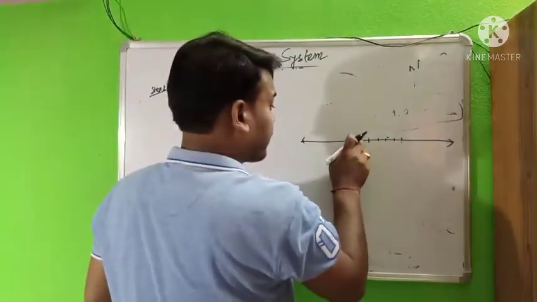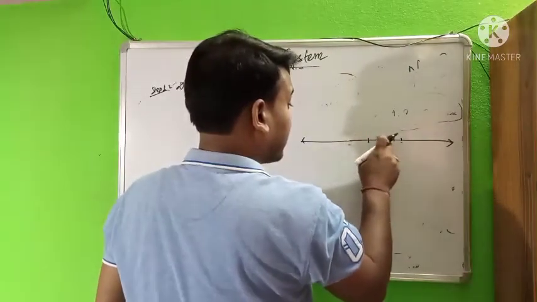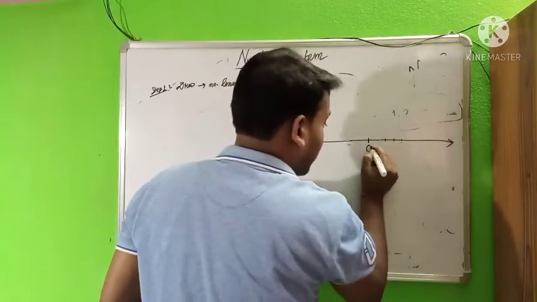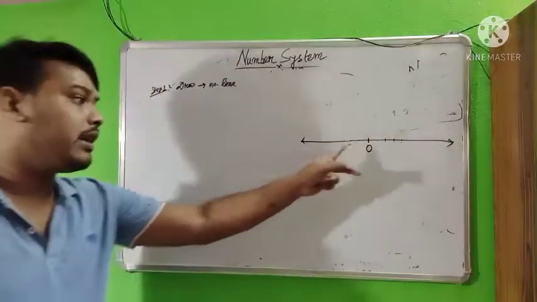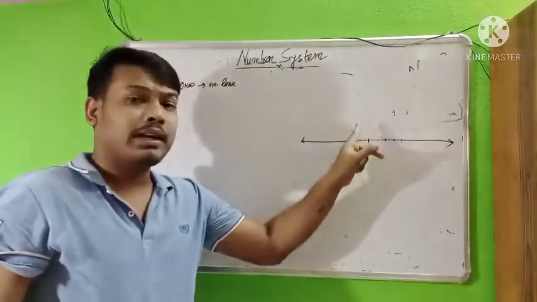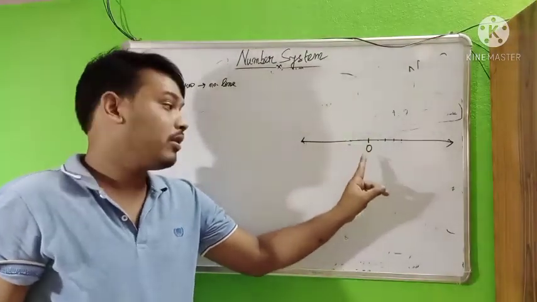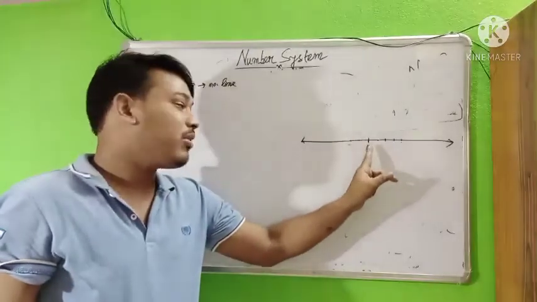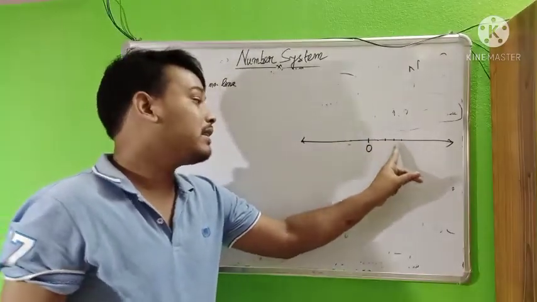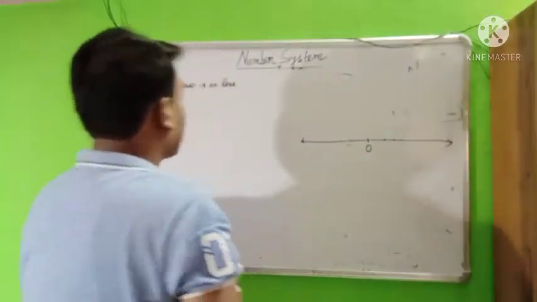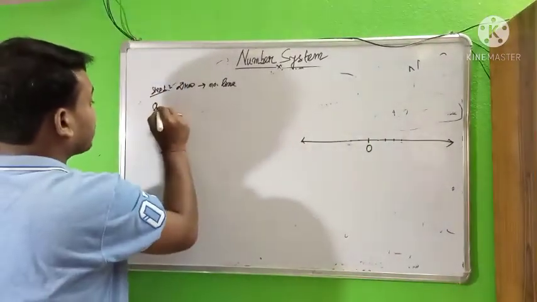So step one is to draw a number line with the initial point 0, and name it O, that means origin. This side is positive real numbers, this side is negative real numbers.